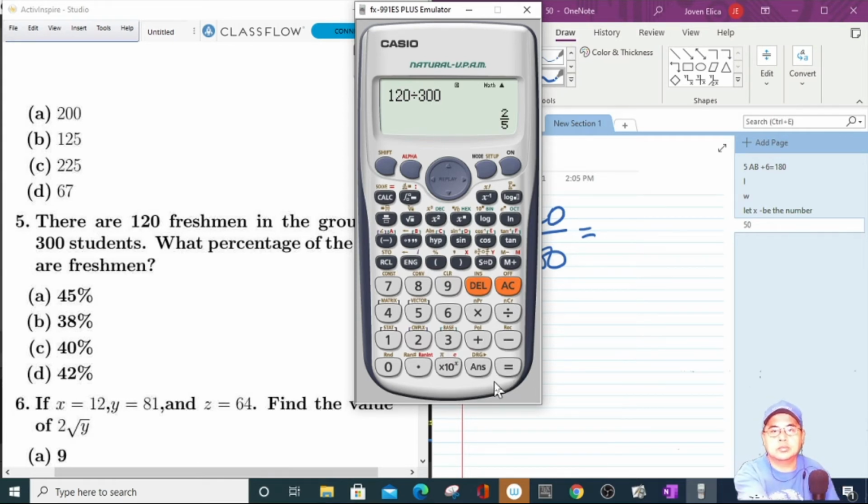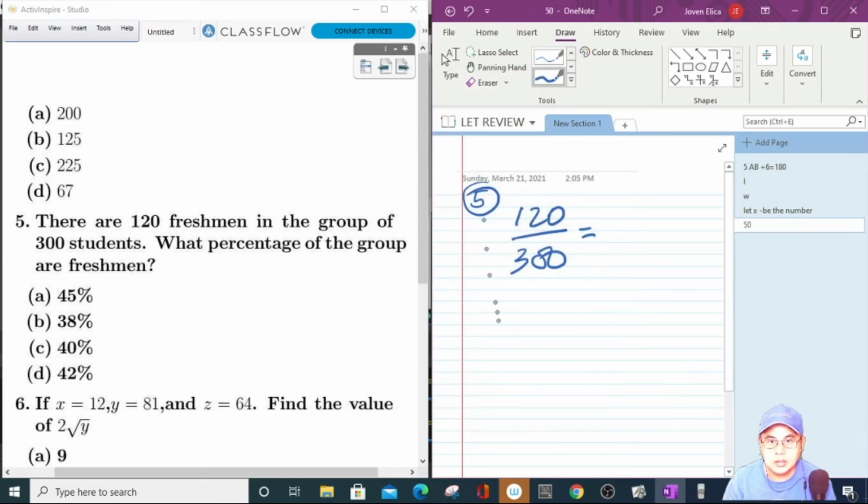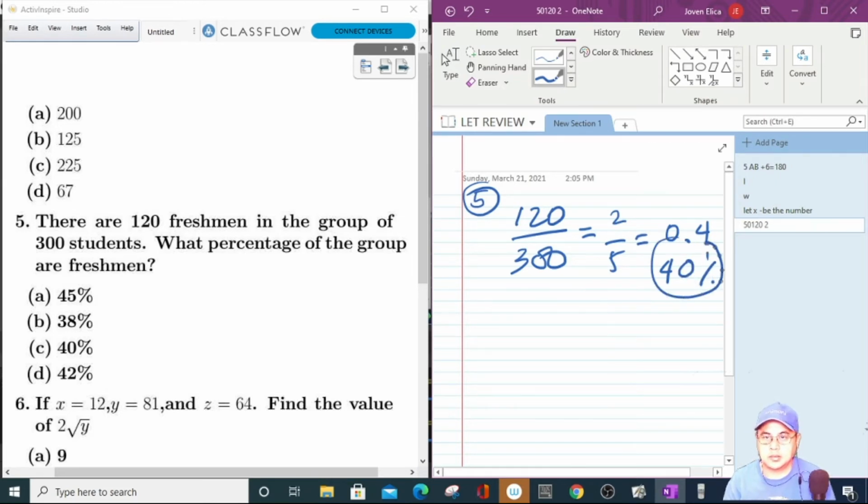If you're going to translate the 2/5, this is actually 0.4 or 40%.